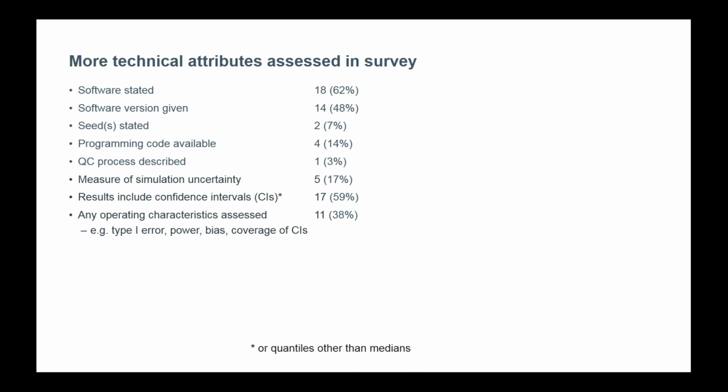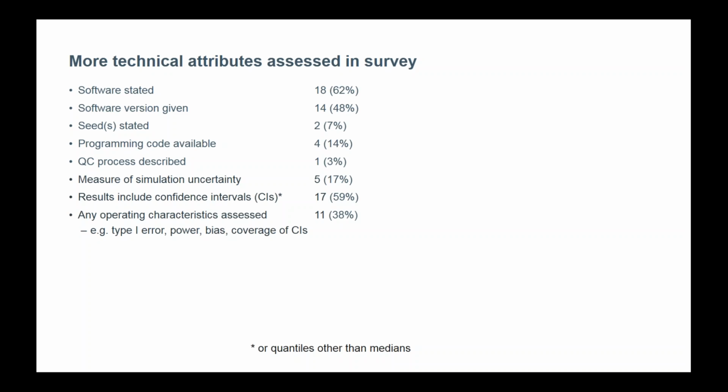Stephen Senn has often noted the importance of including a measure of simulation uncertainty, and there was a disappointing number of papers that included that, just 5 out of the 29. On the positive side, more than half the papers did include confidence intervals in their results.